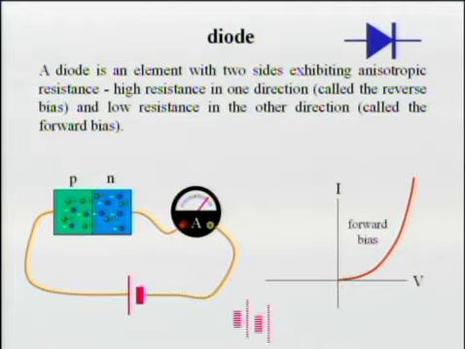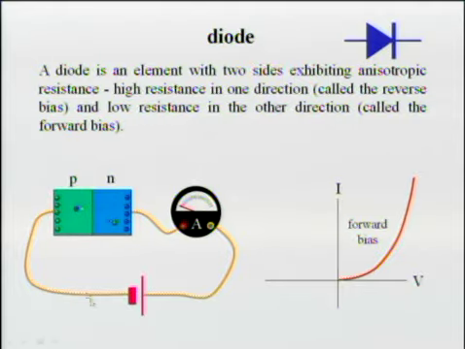Now, if I reverse the orientation, then the positively charged particles will be moved away from the junction, and negatively charged particles will be moved away from the junction. So practically there will be no current flowing through the junction. Now, it happens that in p-type we have a few wandering electrons, and in n-type we have a few wandering holes.